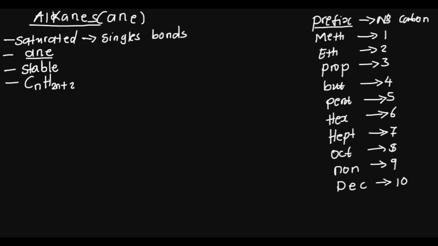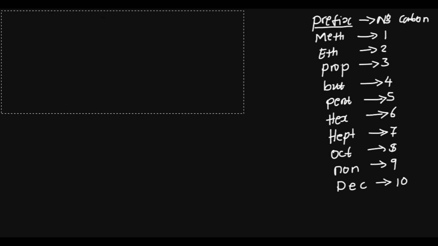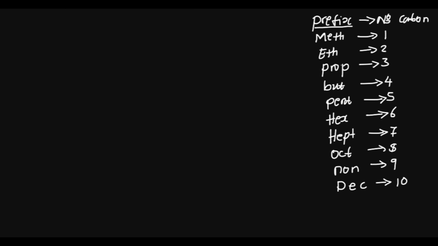Now, since we have some introductions for this alkane family, let's look at the first examples. So first example, we'll look at how to determine the molecular formula and the structural formula for each molecule that we are going to write below.